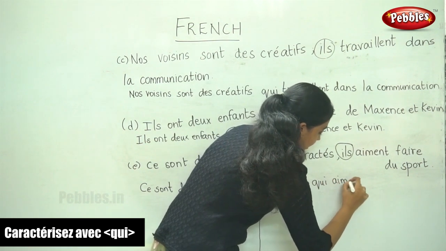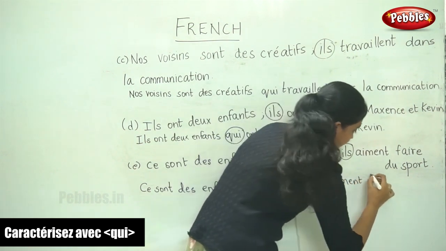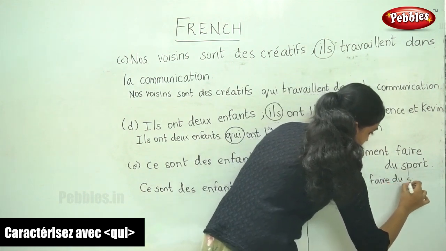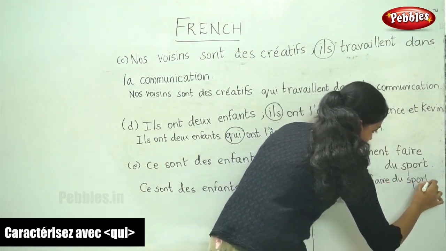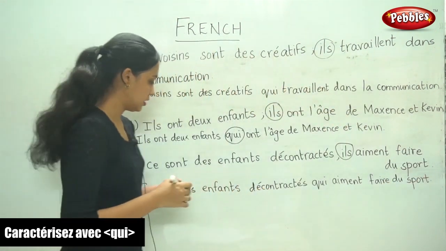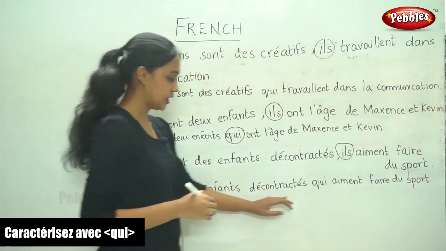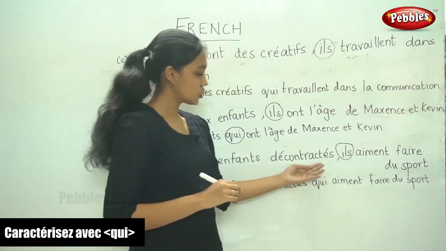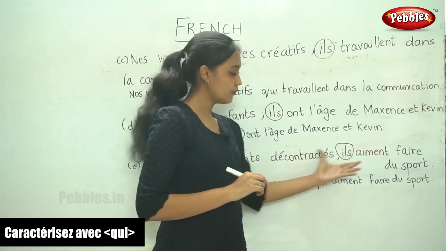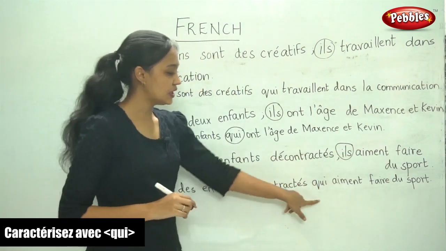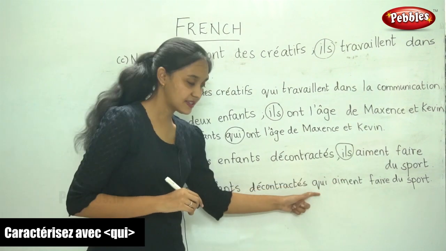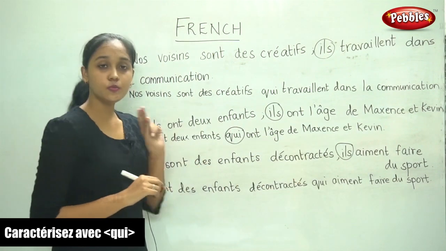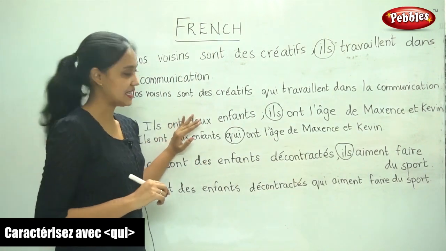Qui aiment faire du sport. So, ce sont des enfants décontractés qui aiment faire du sport. So, we related two sentences using qui. So, caractérisez using qui. So, we have two more sentences in this exercise.